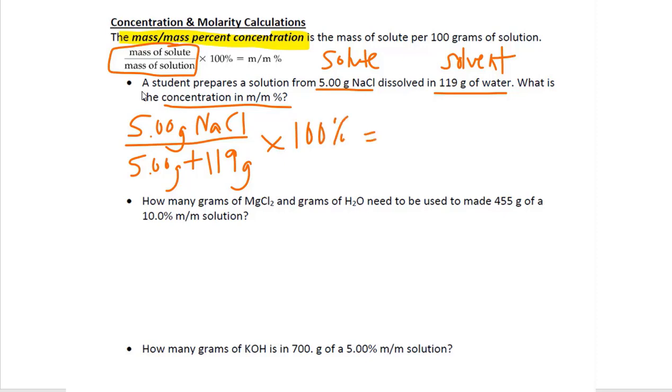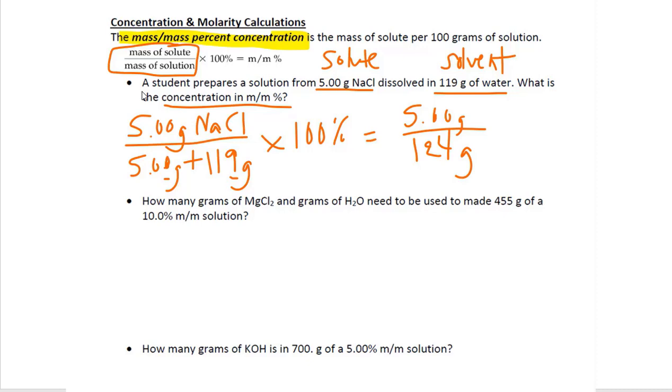Now we can reduce down that denominator, so I'm going to have 5.00 grams on top. And remember, since I am adding, and this is precise to the hundredths, but this is only to the ones, so you go to your least. So I'm going to do 119, so that would be 124 grams.